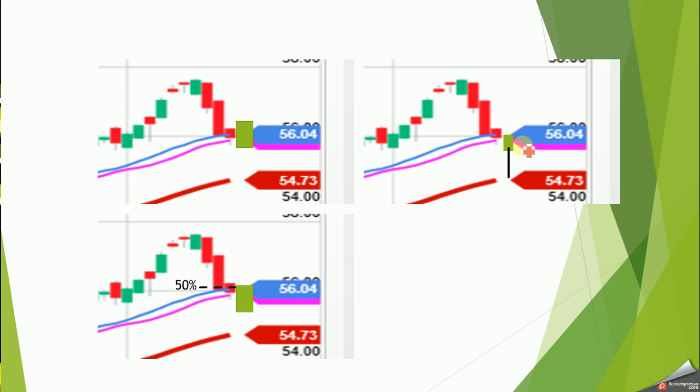Another bullish reversal indicator to look for is the hammer. So we'd like to see ideally gapping down, so opening lower than the previous day's close. So we're talking, if this green candle is Tuesday, we'd want to see it open lower than Monday's close.